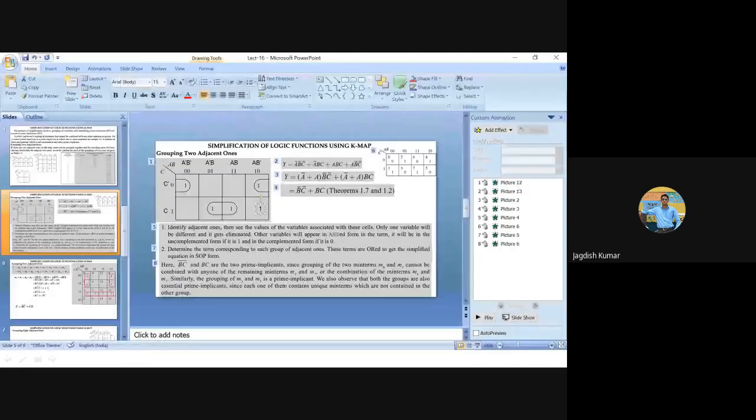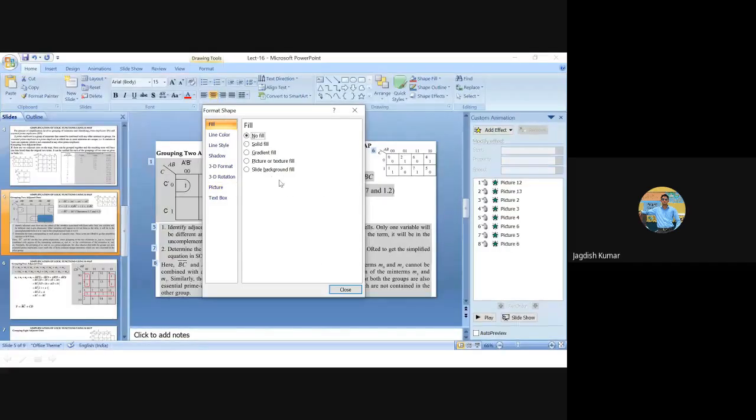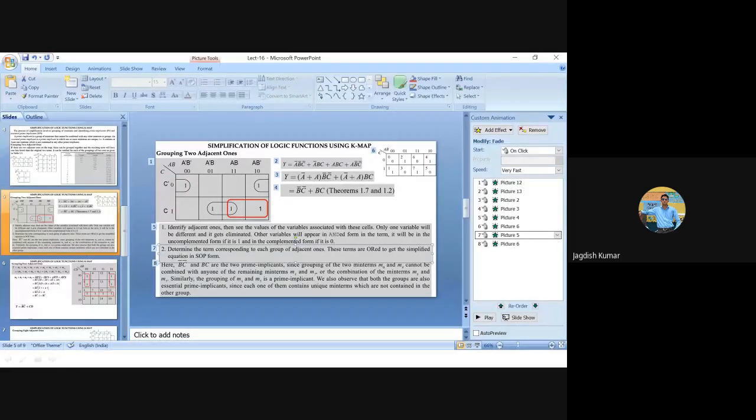Let me show it. Okay, let me draw something here to illustrate it properly. Maybe this way. No fill. Line color is red, maybe. Isn't it? We can make. What happened?